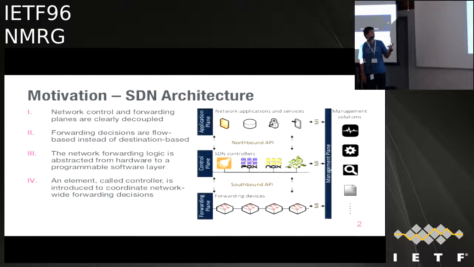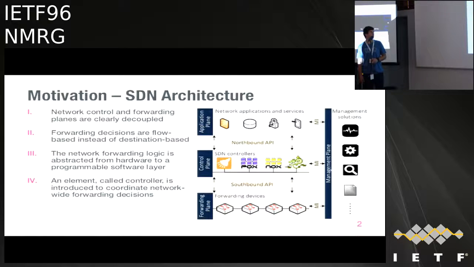And also, SDN has a flexible architecture with 4 planes: the application plane, the control plane, the forwarding plane, and also the management plane. The application plane comprehends the network applications and services. The control plane comprehends the SDN controllers.